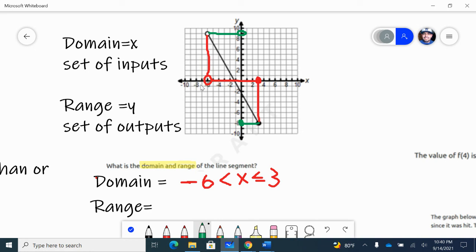In this case, notice how when you go to y is 10, do we have a point when y is 10? No. The biggest that it goes is 9. And if you go to 8, does it have a point? Yeah, it's right here. What about 7? Yes. What about 6? Yes. What about 4? Yeah. So notice how here is anything from 9 to -8. In this case, my range, starting from the bottom, is -8. Again, notice how it is a solid dot. Look at your dot here.